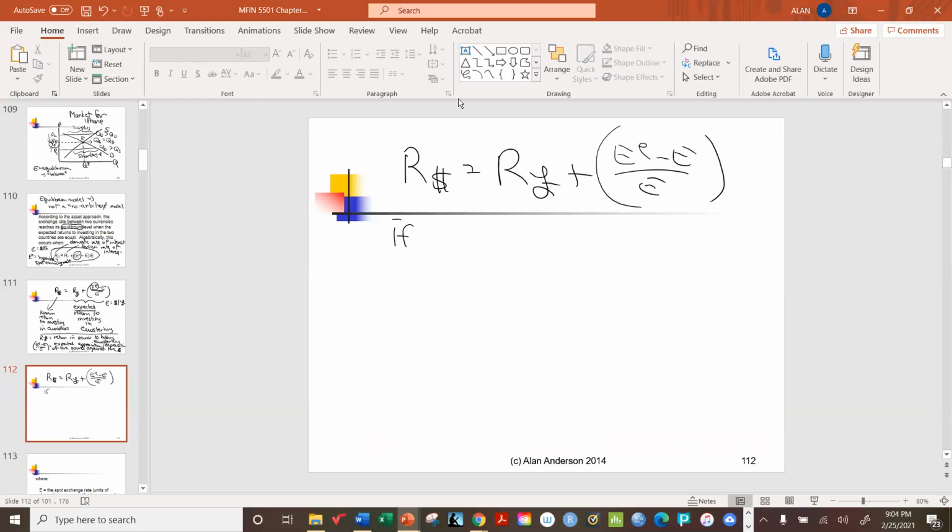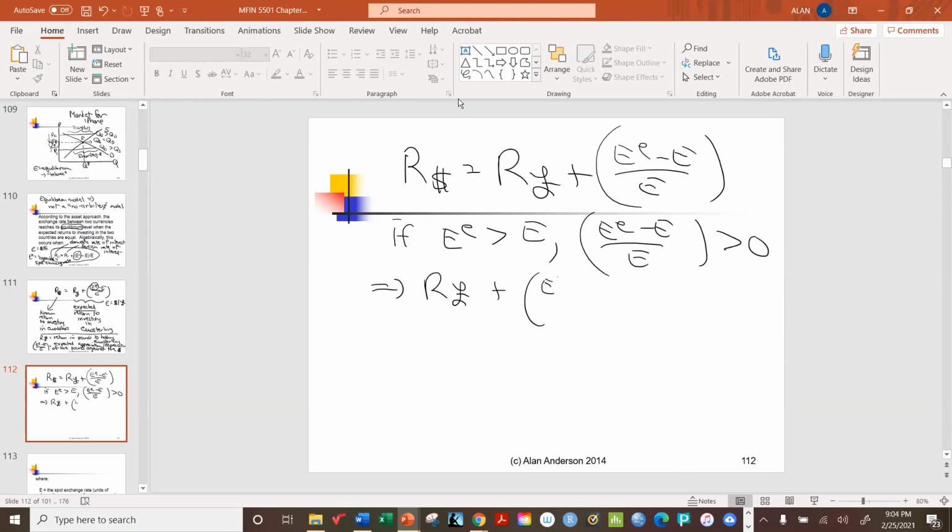If the EE term is greater than this E term, then this entire expression will be positive. And guess what that means? This entire right-hand side will exceed the left-hand side.